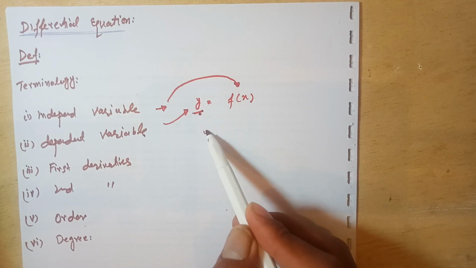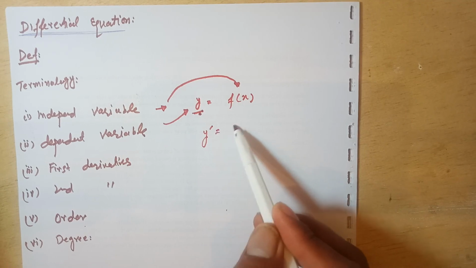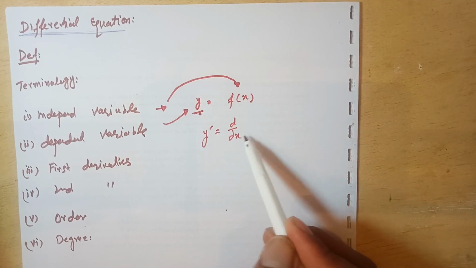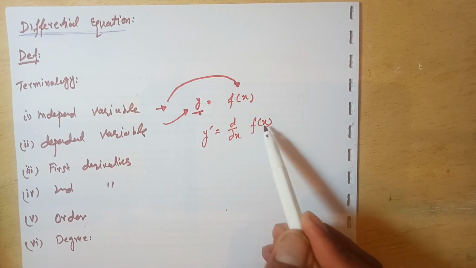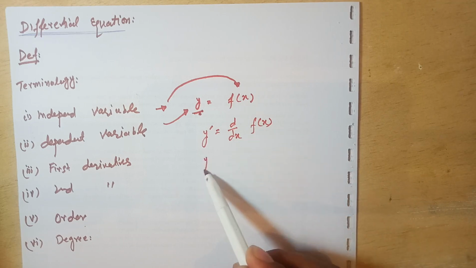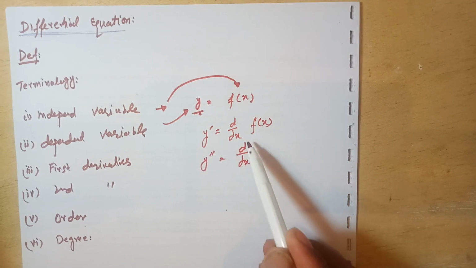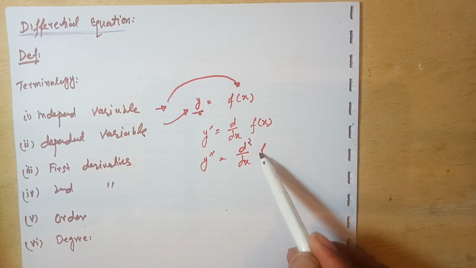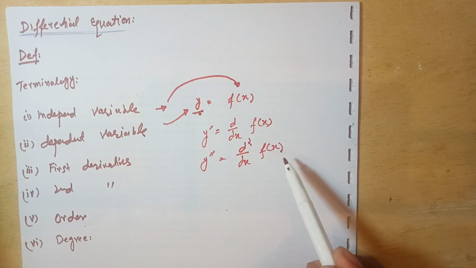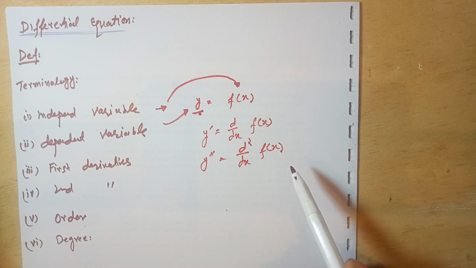It consists of its first derivative or more, meaning second derivative or third derivative, and the combination of the dependent variable and its first derivative or more is commonly called a differential equation.